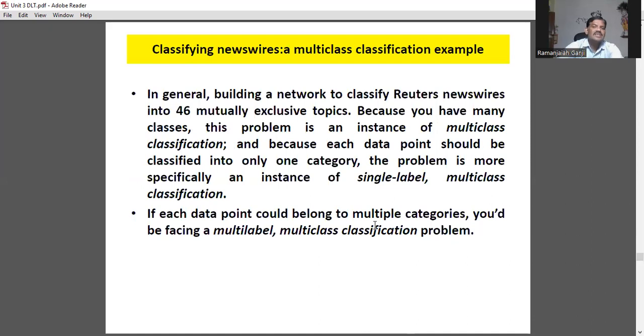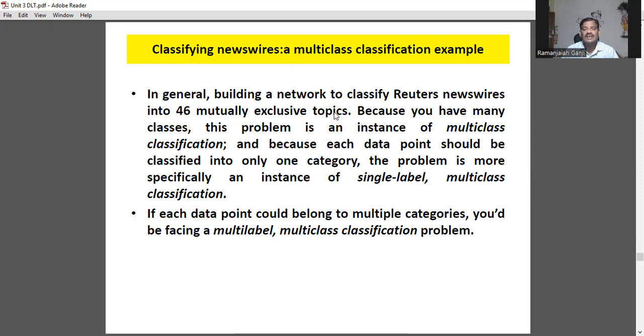So in this case, we have seen how these components produce results in terms of accuracy, compared with state-of-the-art approaches. Next concept: classifying newswires, a multiclass classification example. Up to now, we have seen only classification in terms of binary. What is binary? It produces only two outcomes, either positive or negative. In general, we are building a network to classify Reuters' newswires into 46 mutually exclusive topics.